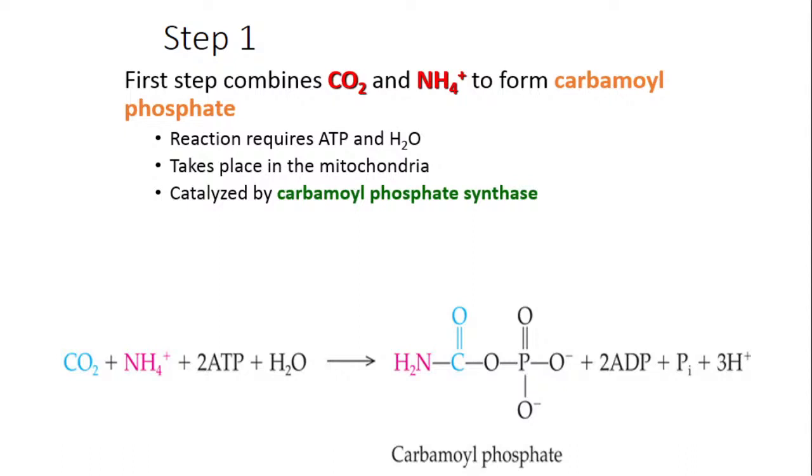So the first step is a synthetic reaction where carbon dioxide is condensed with free ammonia. So the first source of nitrogen in the urea formula is free ammonia. For the formation of the necessary substance, 2 ATP molecules are necessary and water is necessary.